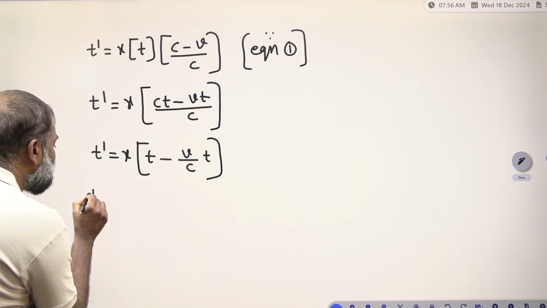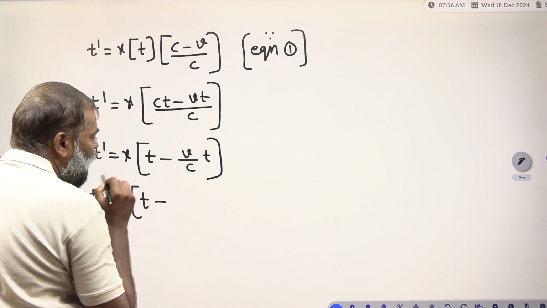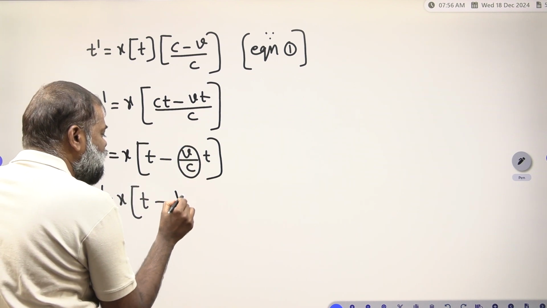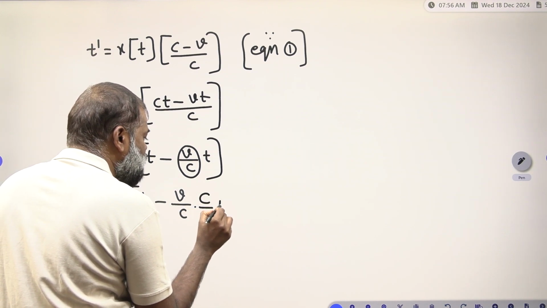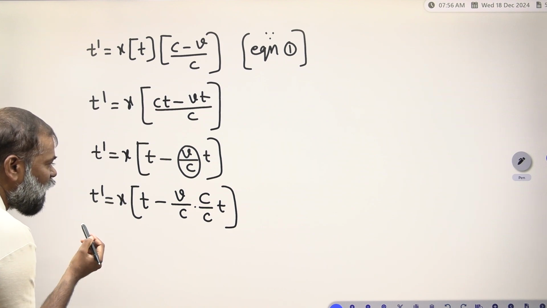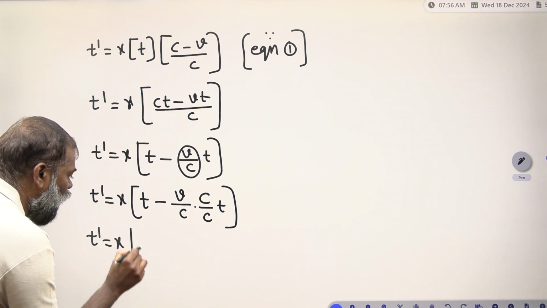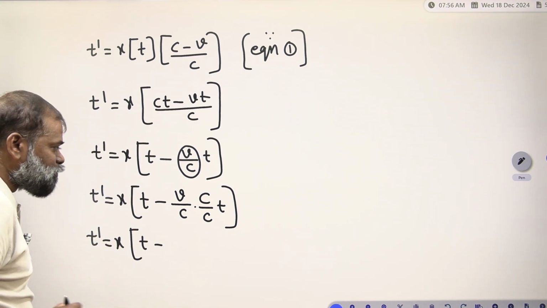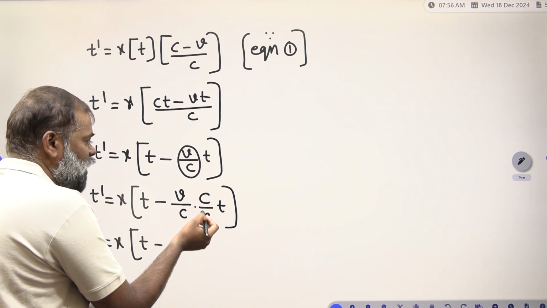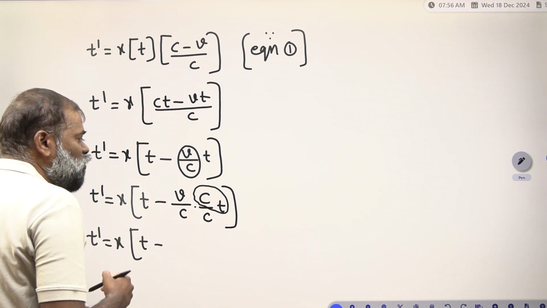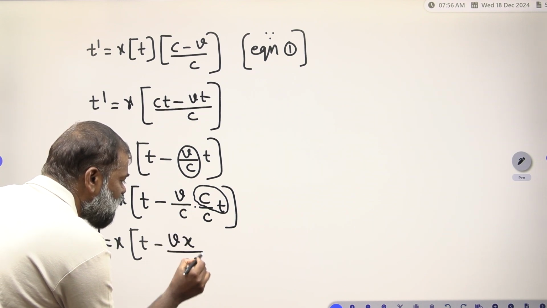Now I am rearranging this: t minus v by c into t, multiplied with c and divided with c, clear. So t dash is equal to gamma into t minus v, and c into t is x, so v into x divided by c square.